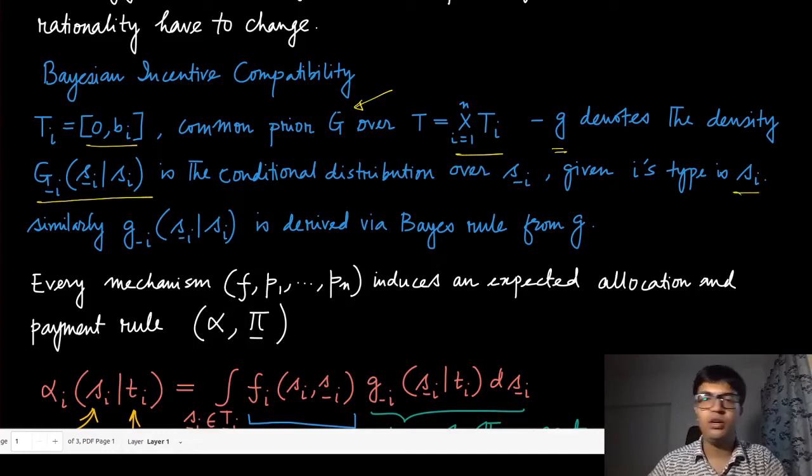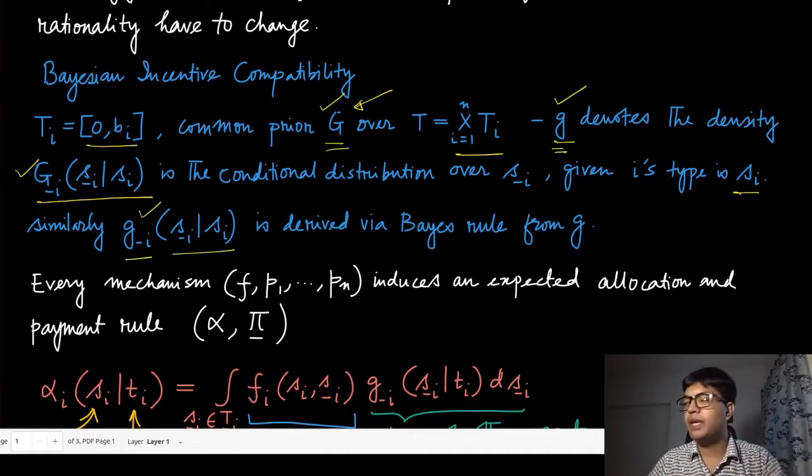So what we are assuming is that agent i knows its own type. This is something like an interim state where it knows its own type, but it does not know the types of the others. It only can have a belief over that, which is probabilistic. Similarly, lowercase g_{-i} is just the density. And all these things, s_{-i} given s_i, are derived from the original g using the Bayes rule as before.